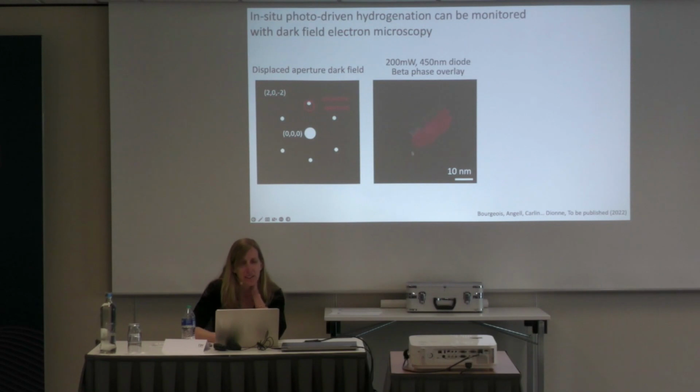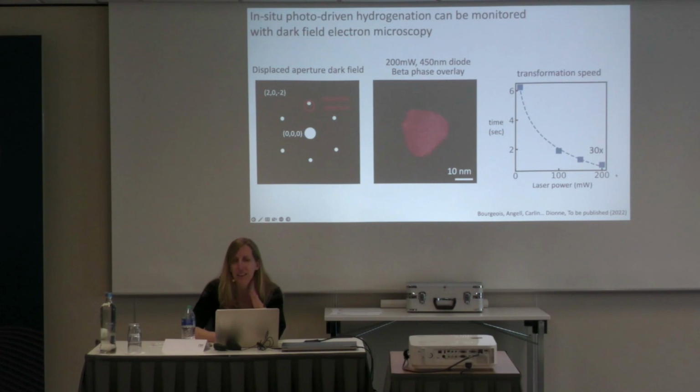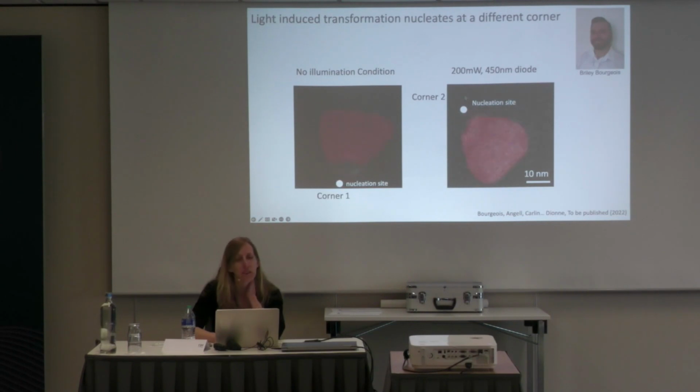So here is our nanoparticle, and when we have no illumination, hydrogen will enter from any of the tips. When we're illuminating it, here we can follow how hydrogen is leaving the surface. As we'd expect, the transformation speed is pretty fast, like in this case over 30x increased when we have light.